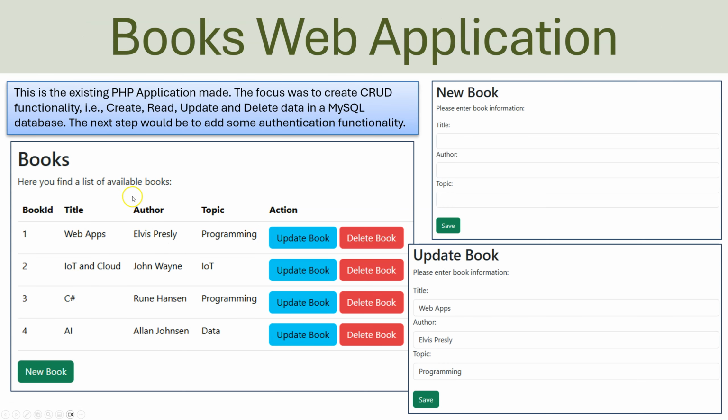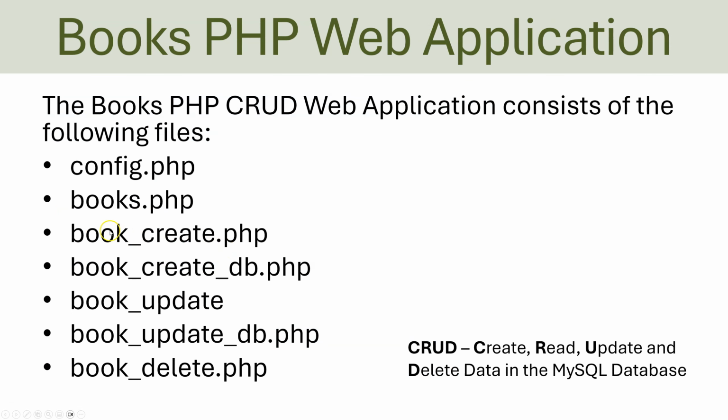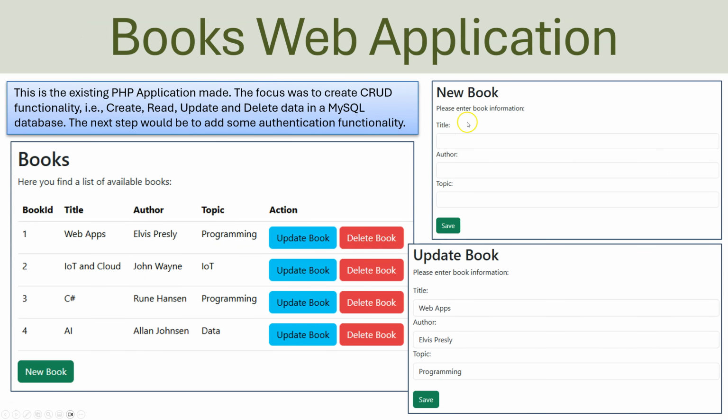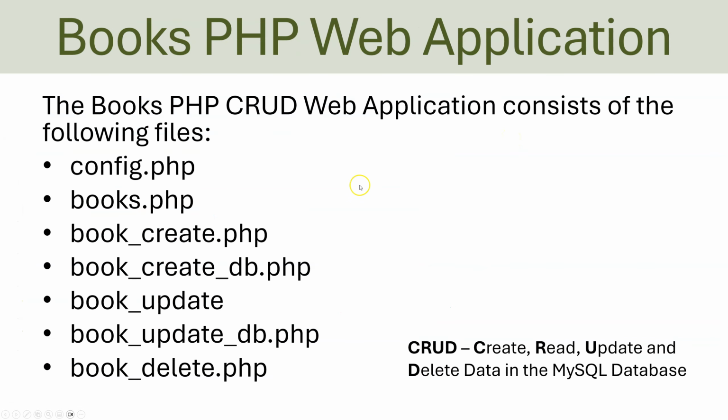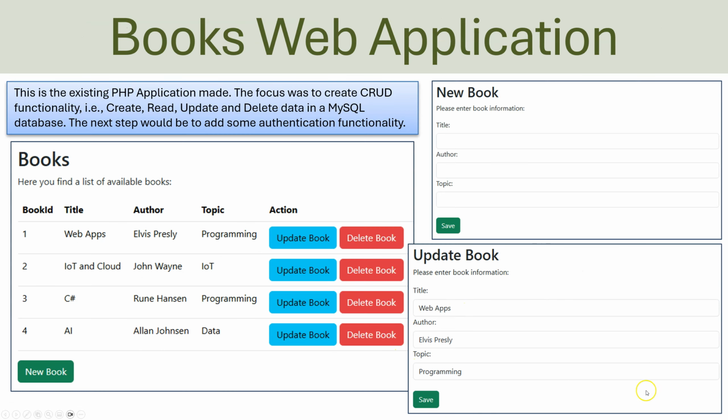So this is books.php. Then book_create is this page where we create a new book. And then book_create_database is actually saving the data to the database. Book_update is this page.